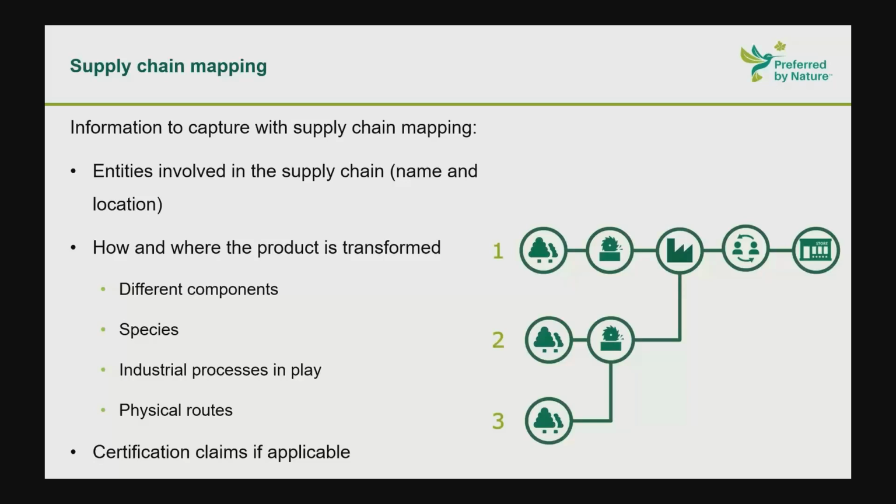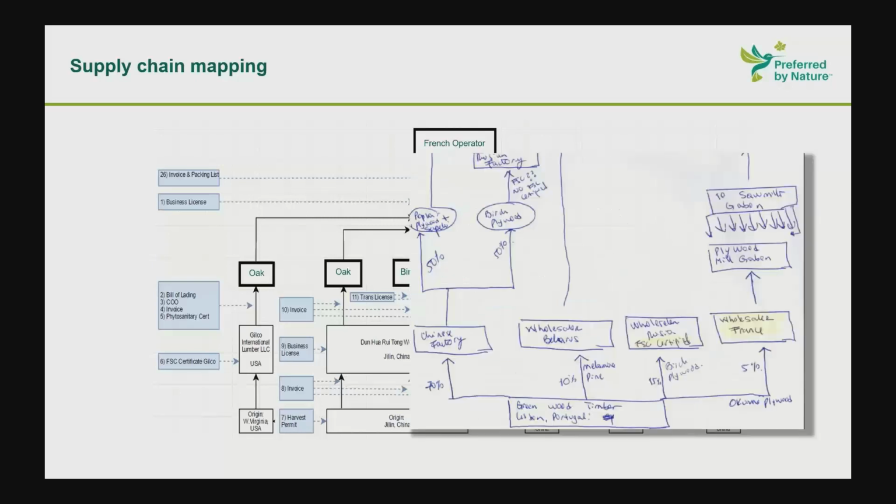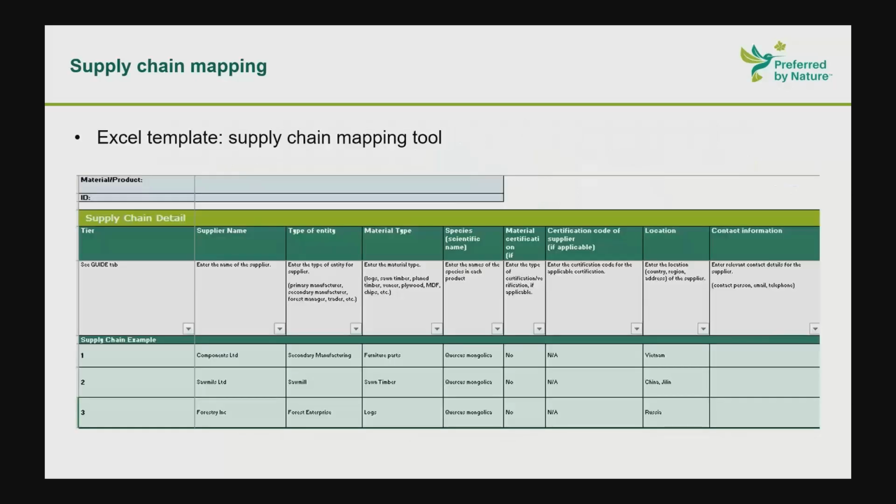And now this is a very simple supply chain map, let's say, and very clean. But in reality, if you have a complex product, it's more likely to look something like this, right? Very complex with a lot of branches. You can also draw supply chains by hand if it's easier. I very often do this before inputting it into your computer, so it can be a table or a diagram on a computer.